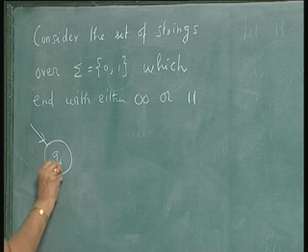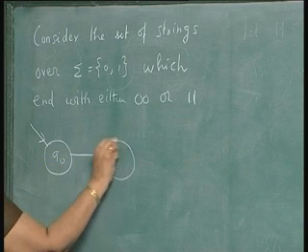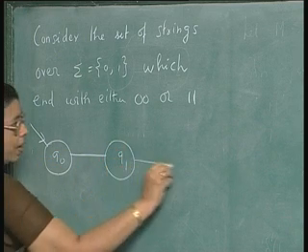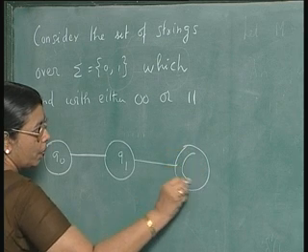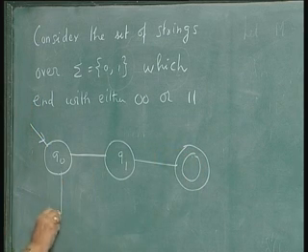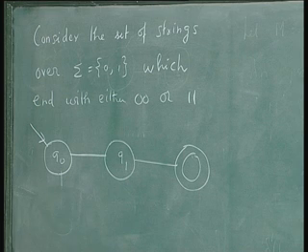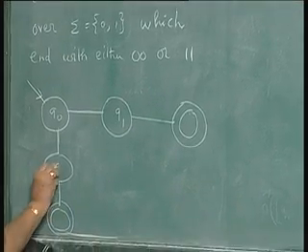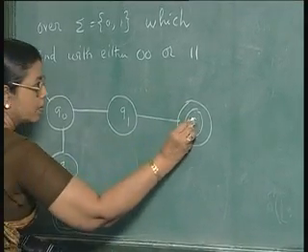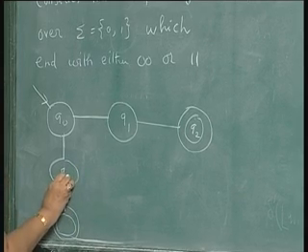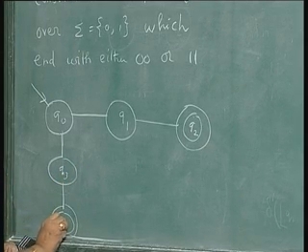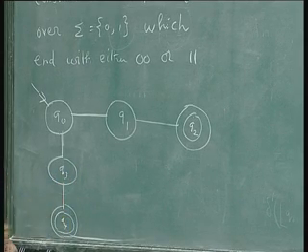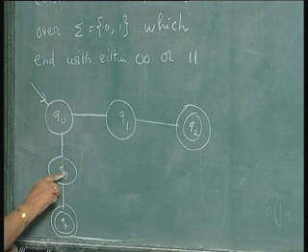It will be q0, then q1, q2, q3, and q4. You can very easily draw the non-deterministic diagram like this.